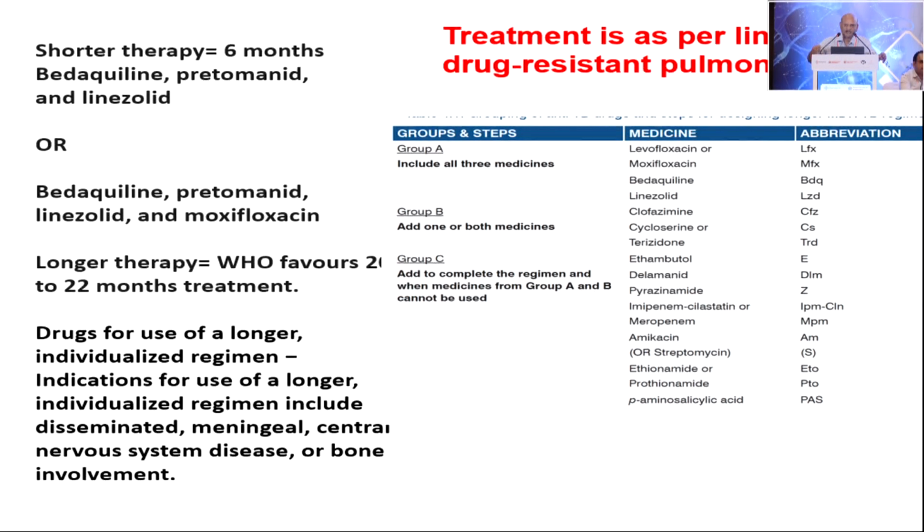Shorter regimens cannot be utilized for drug-resistant TBM because they are used only for limited pulmonary tuberculosis. Longer regimens require at least 20 months of treatment, out of which 6 months is the intensive phase, in which we give at least 5 or 6 drugs, and it is continued for 22 months.